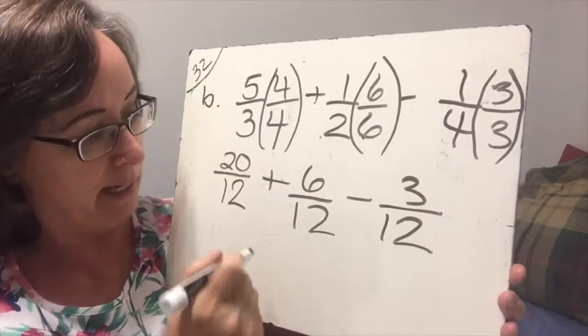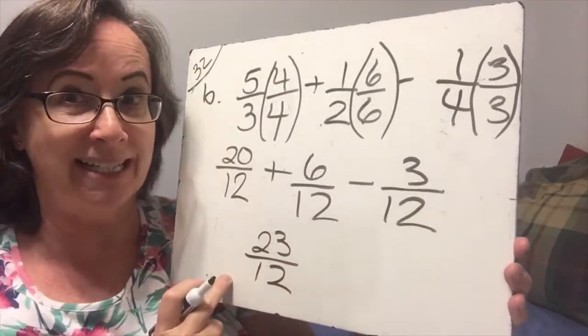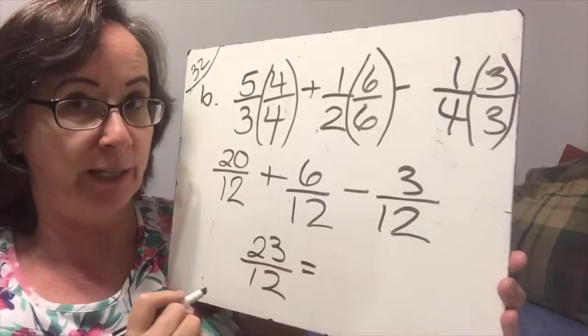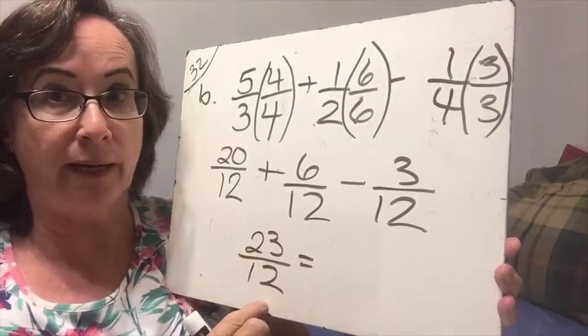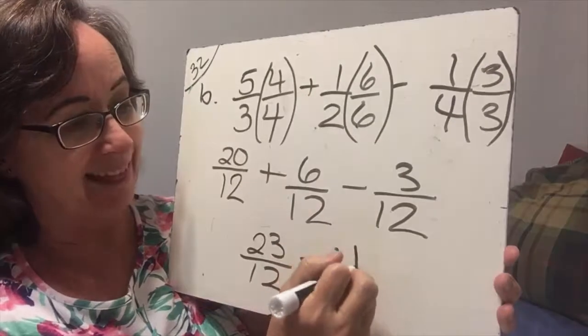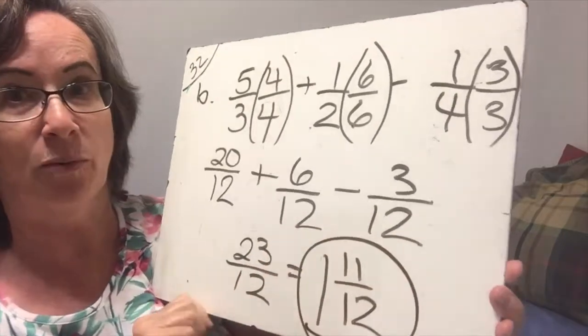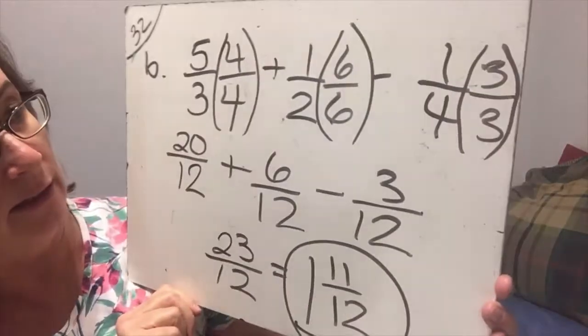Take away a 3 is 23 over 12. The numerator is larger. Therefore, we're going to turn it into a mixed number. 23 divided by 12 is just one full time with 11 left over. So 1 and 11/12 is your final answer.